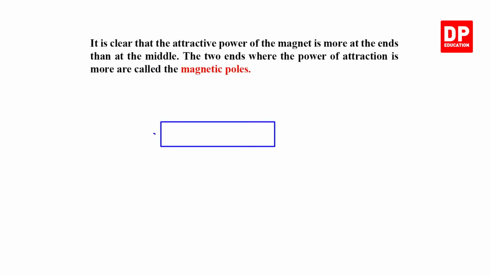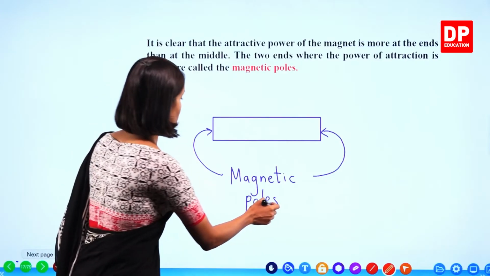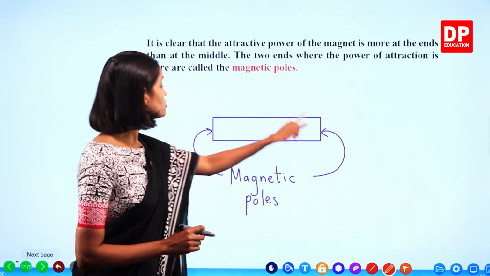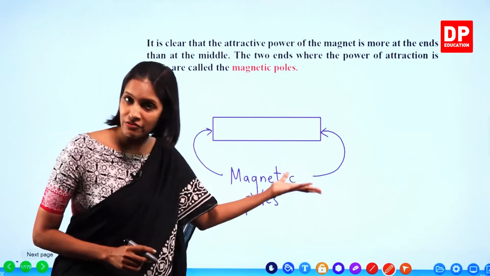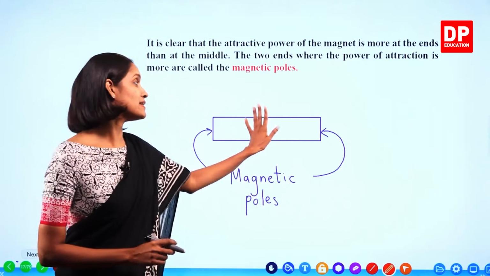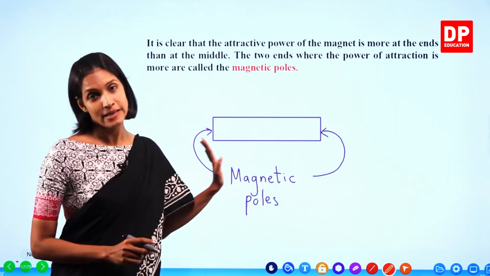The two ends are known as the magnetic poles. Magnetic poles. If this is the bar magnet, the two ends with more attractive power are known as the magnetic poles. Now you know what the meaning of magnetic pole is, right?